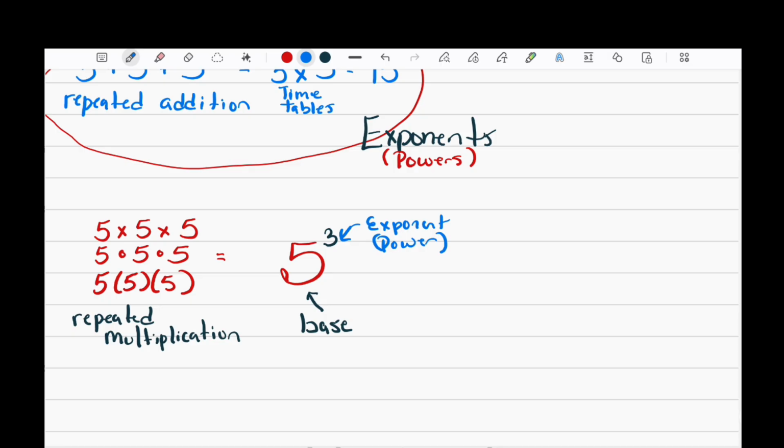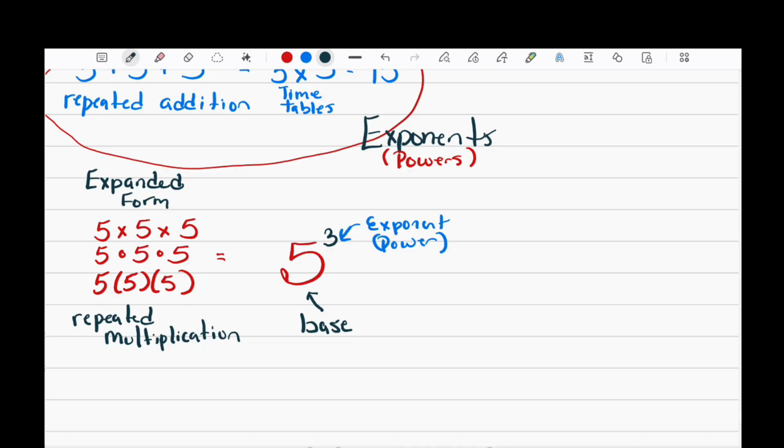All right? Now, when you see it all spread out like that, that's called the expanded form. All right?